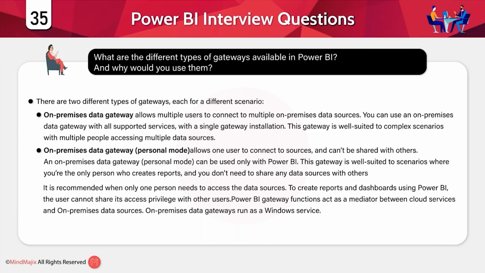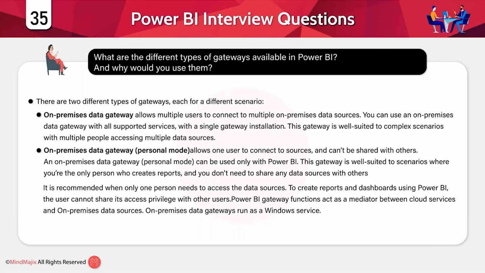So, one is the on-premises data gateway, and the other one is the on-premises data gateway in personal mode. As the name suggests, the personal mode allows one user to connect to sources and can't be shared with others because it's a personal mode.